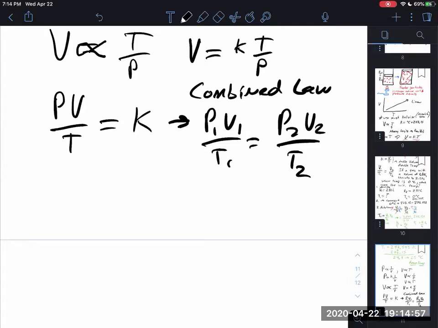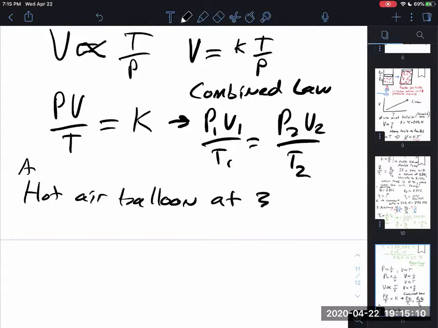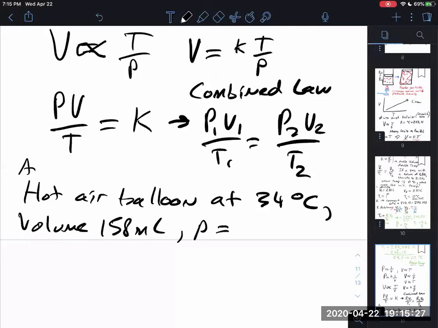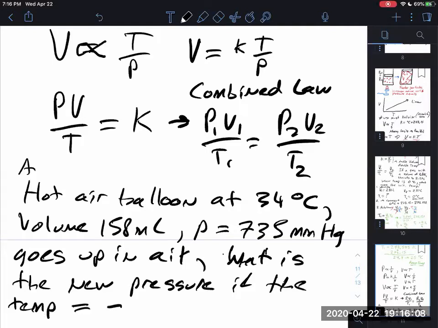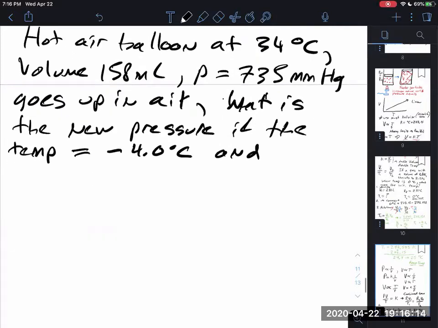So if a hot air balloon at 34 degrees Celsius with a volume of 158 milliliters and a pressure equal to 735 millimeters of mercury goes up in the air, what is the new pressure if the temperature of the balloon is negative 4.0 degrees Celsius and the volume is 108 milliliters?